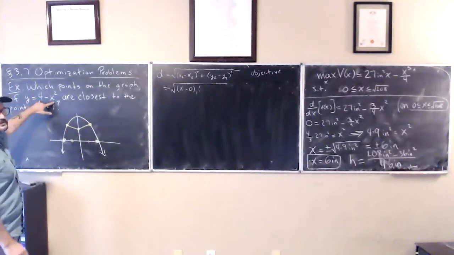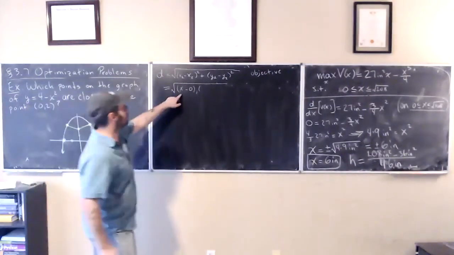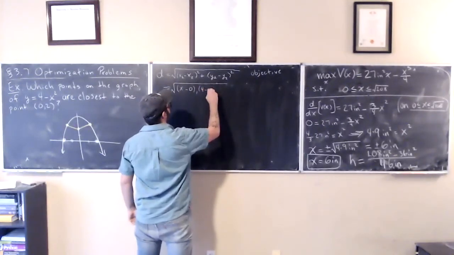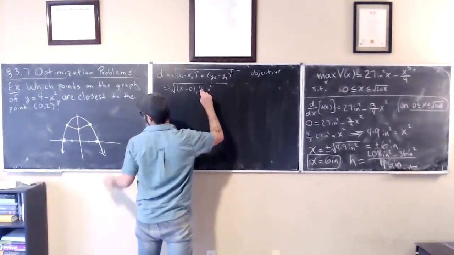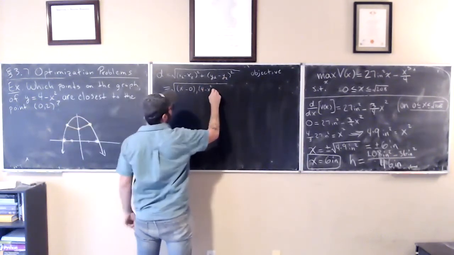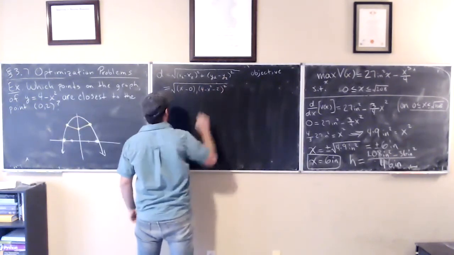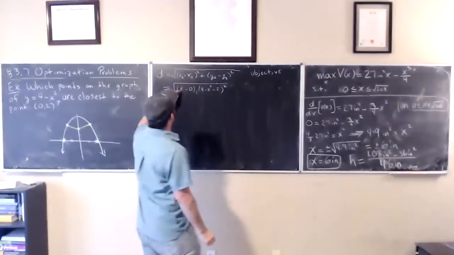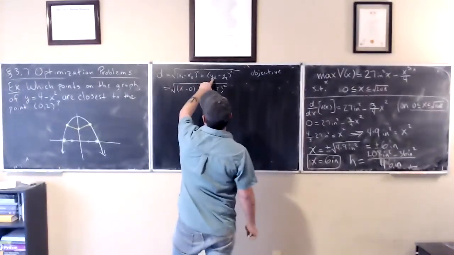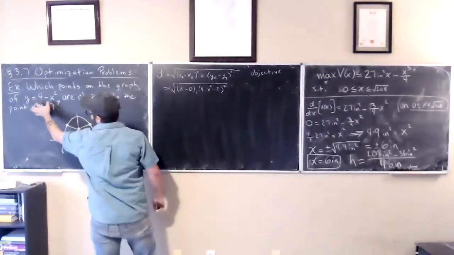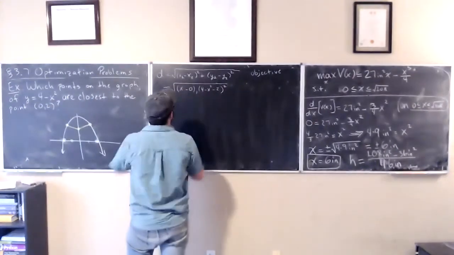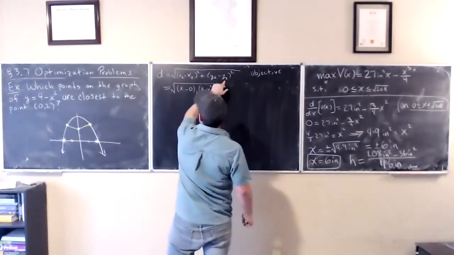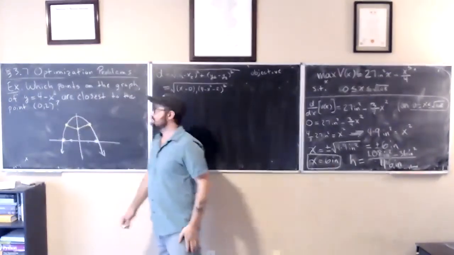Because this equation is what gives me my y value for a given input x. So I'm going to say 4 minus x squared, and then minus 2, all squared. Okay, so x1 is just x, y1 is just the output for given x, minus 0 because that's the x value for the point, minus 2 because that's the y value for that point.